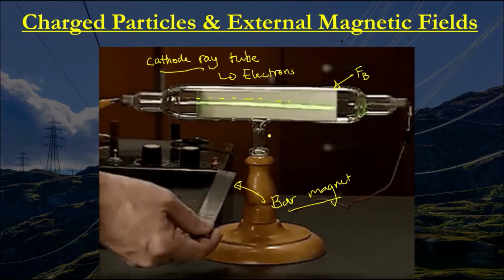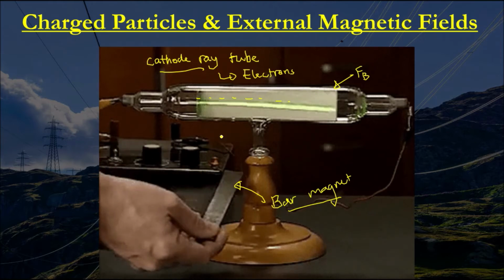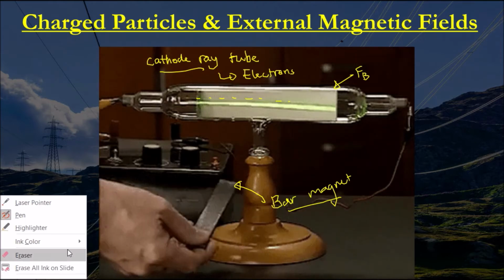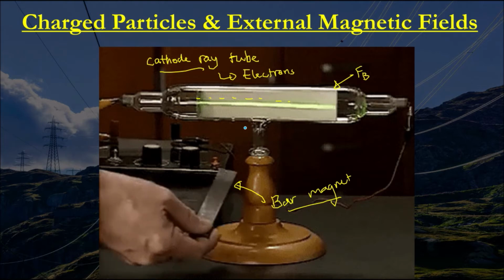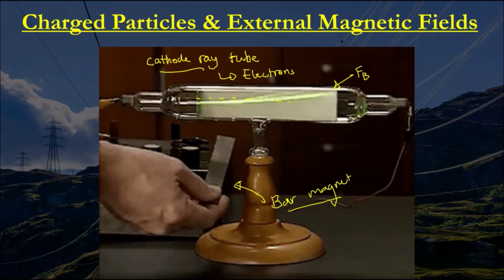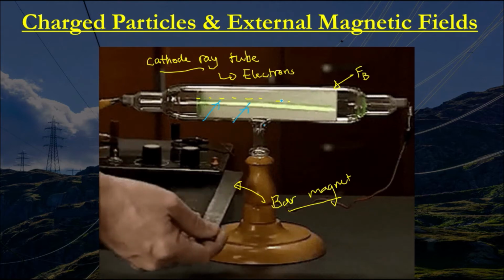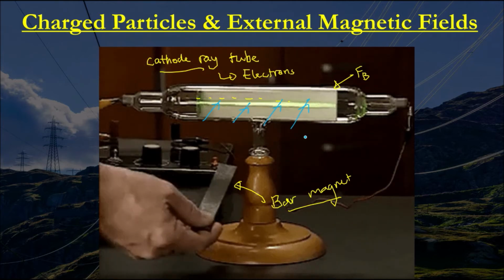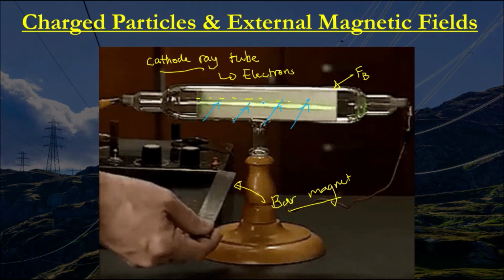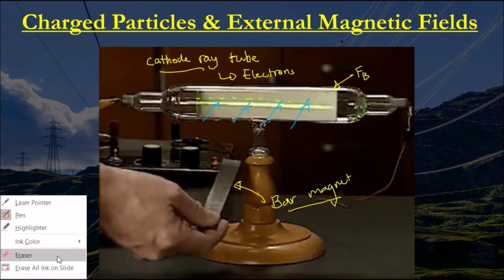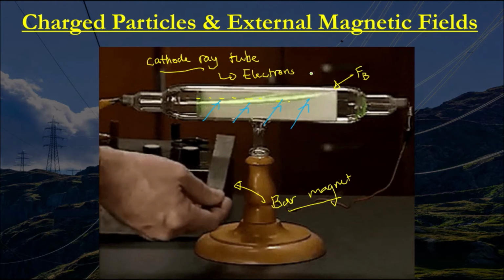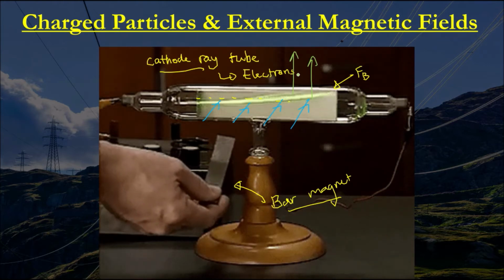What you can actually see, or if you can imagine, is the magnetic field that's being applied. The magnetic field applied is going into the page like so. All right, but the force being acted on our electrons is actually going upwards like so.